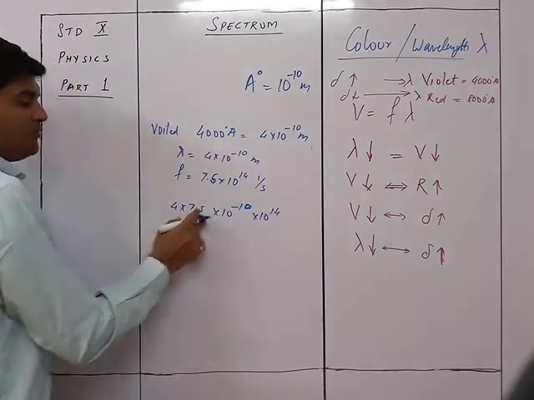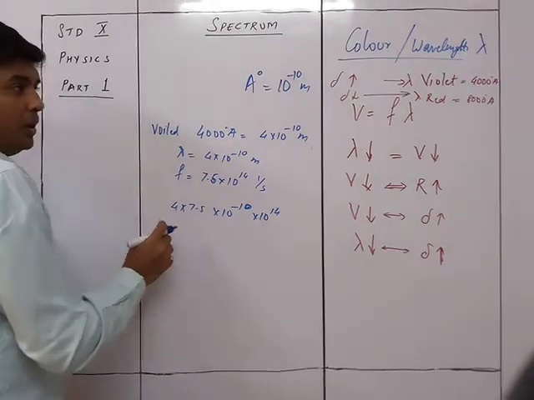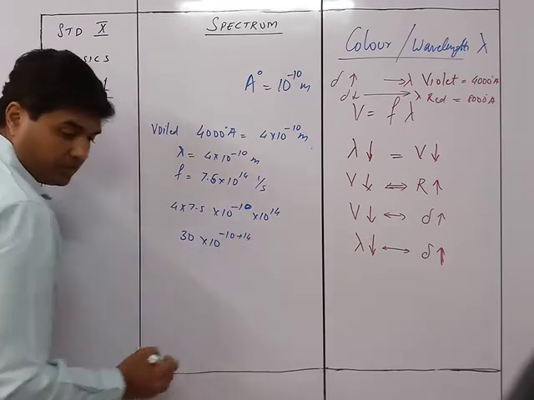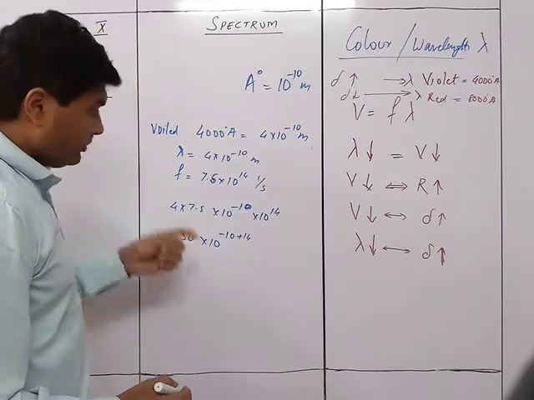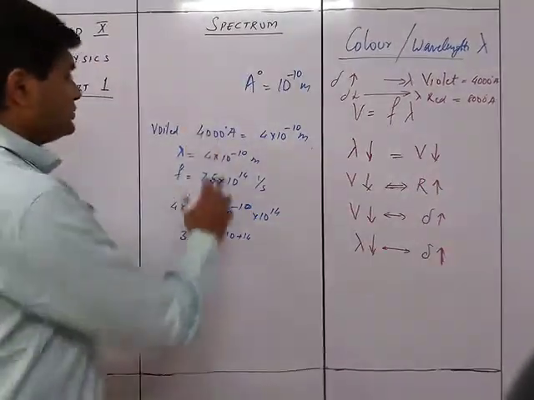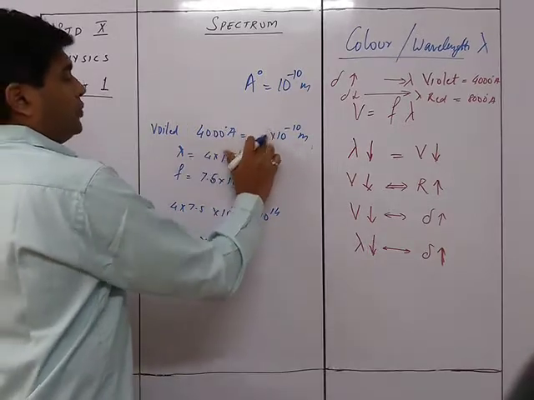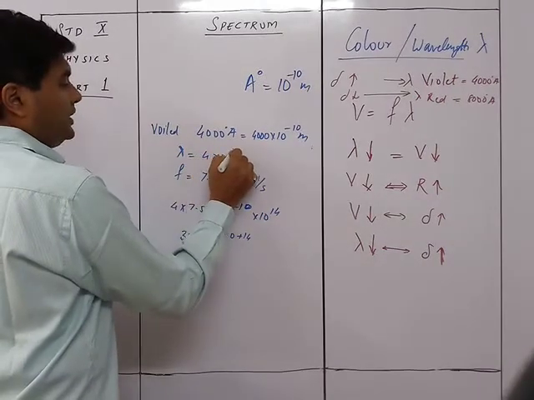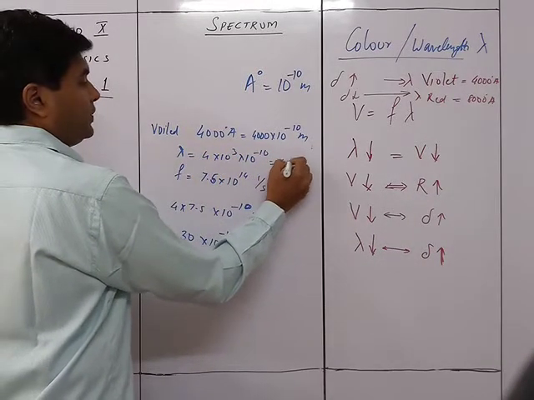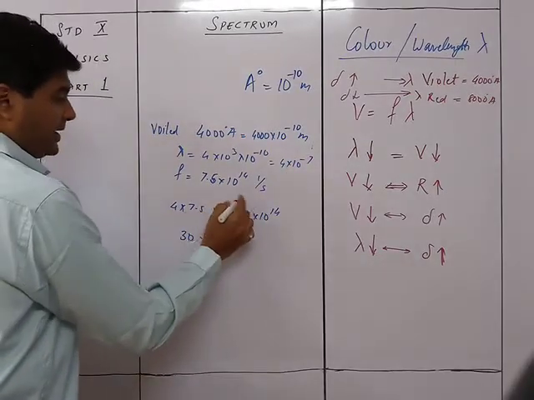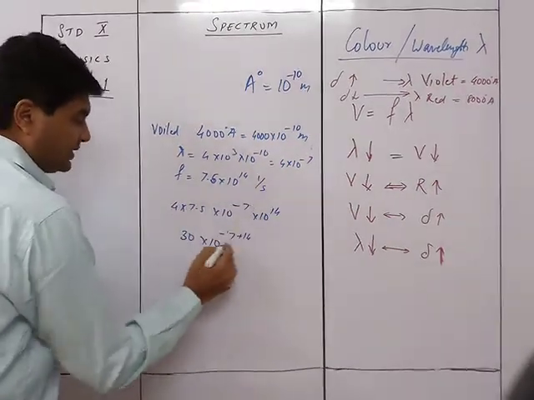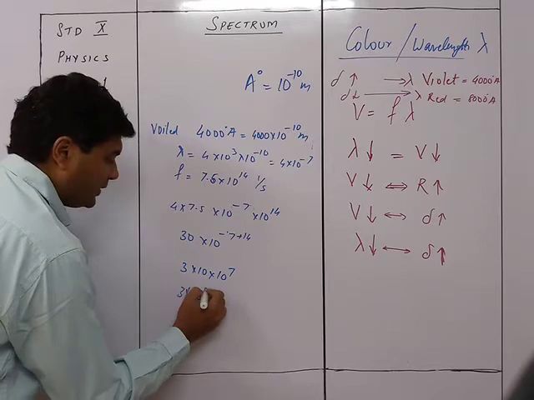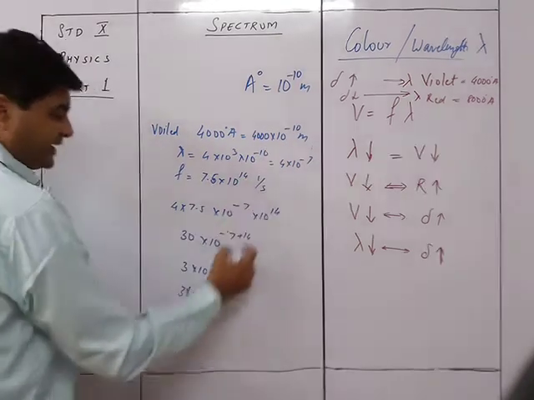So 7.5 into 4 will be 30, which is 3 into 10 raised to 1, and so the result is 3 into 10 raised to 8. This is in meters per second.